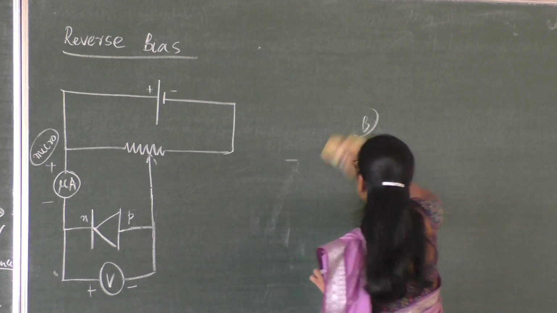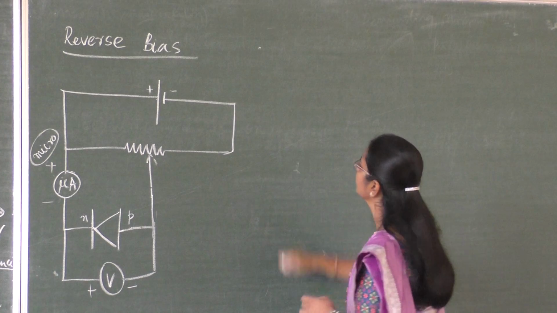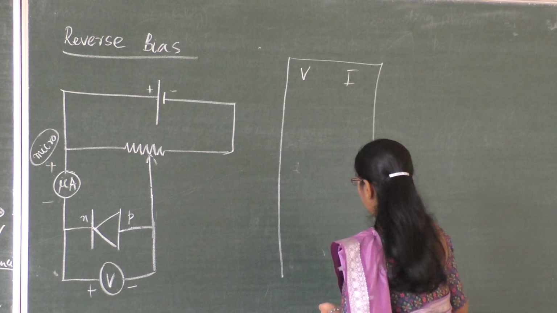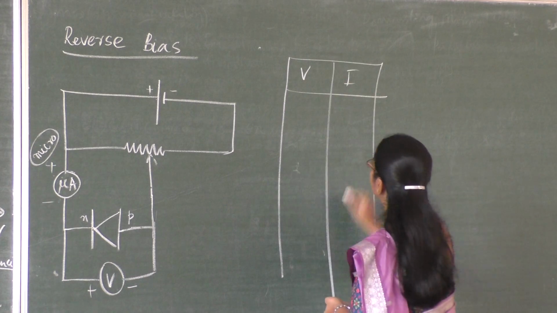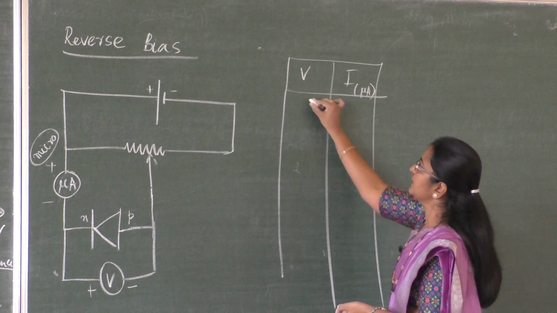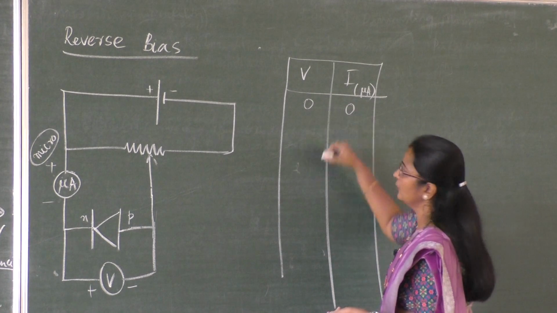So let me take the values V and I. Let me take some sample values. Here I is measured in microamperes. When voltage is 0, of course current is 0.